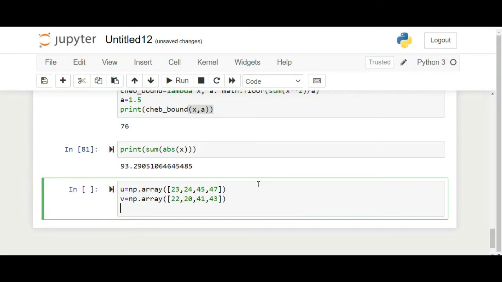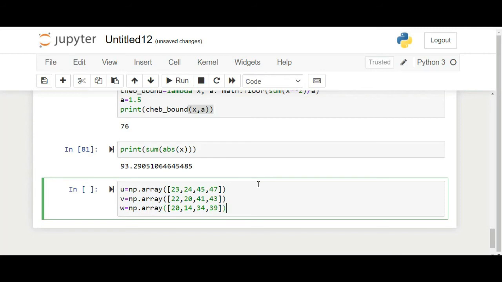We will write another vector w, which is equal to np dot array. Inside the parentheses we shall insert square brackets, and we will write 20, 14, 34 and 39, just like that.